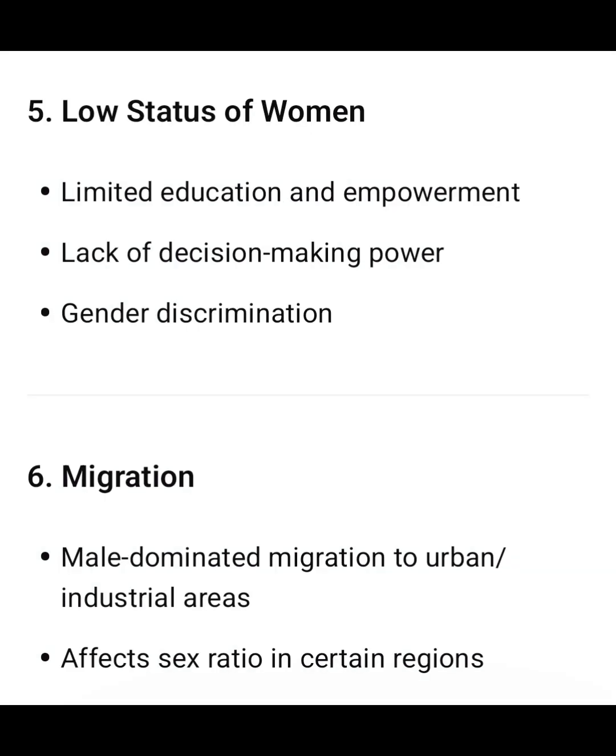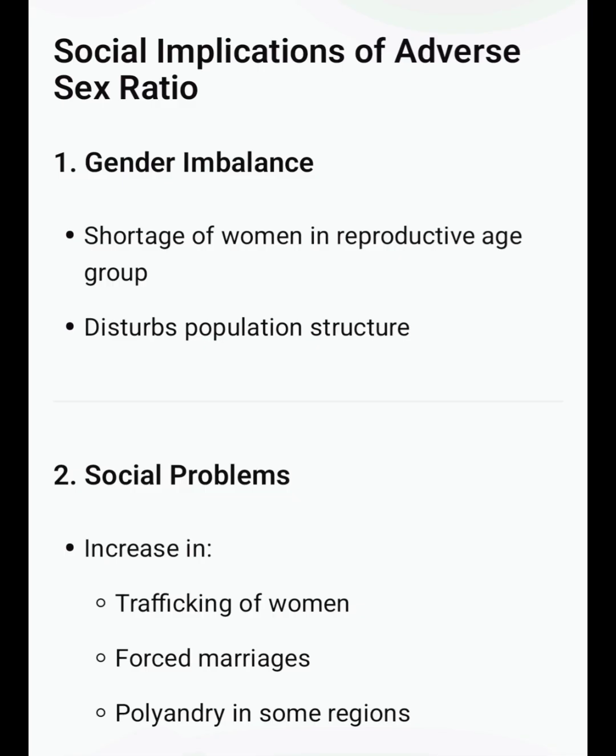The fifth one, low status of women: limited education and empowerment, a lack of decision making power, and gender discrimination. The sixth one, migration: male dominated migration, moving to urban and industrial areas. If the male is working in an urban area, the family itself moves, and this affects the sex ratio in certain regions.